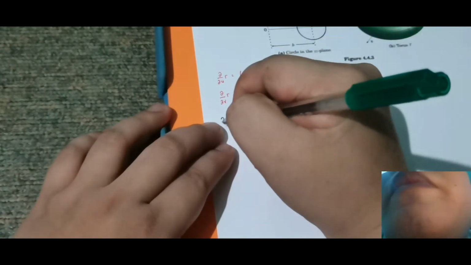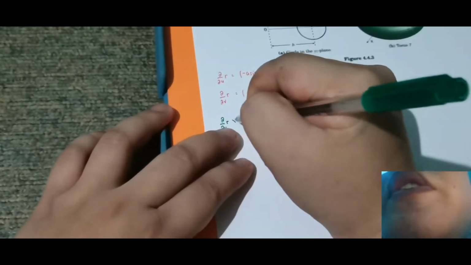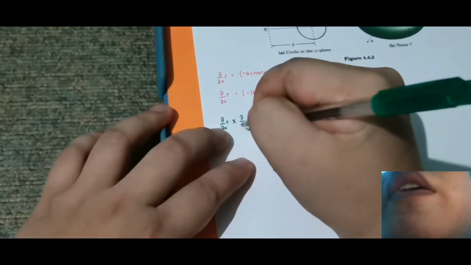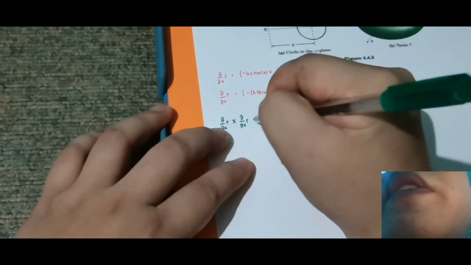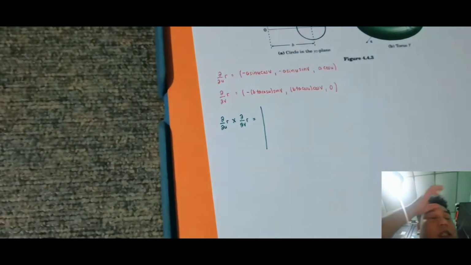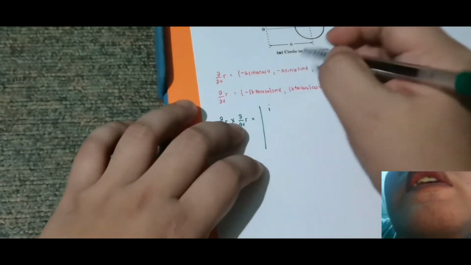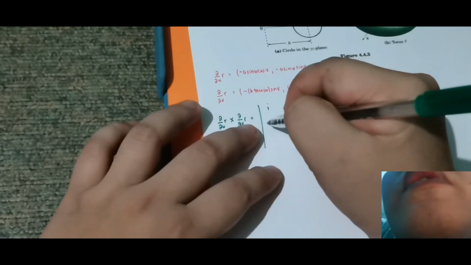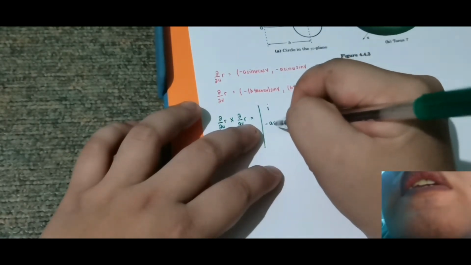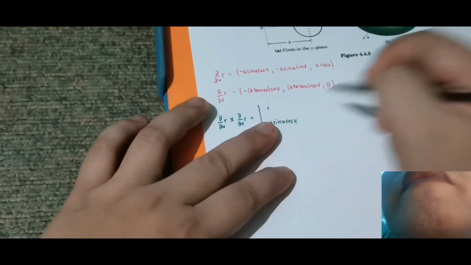So yung partial derivative of r with respect sa u cross partial derivative of r with respect sa b is just equal dito. Una nating lalagyan is i. So lagay natin dito yung negative a sine u cosine b.